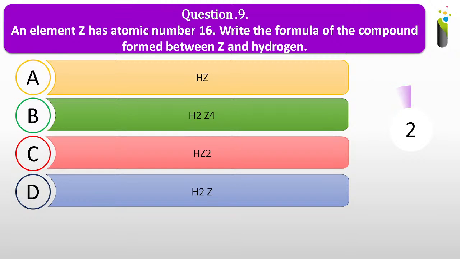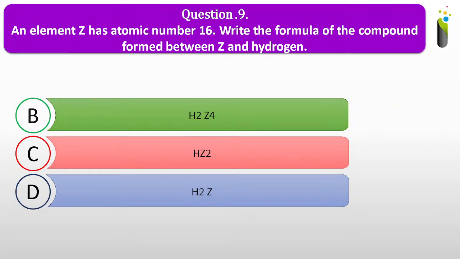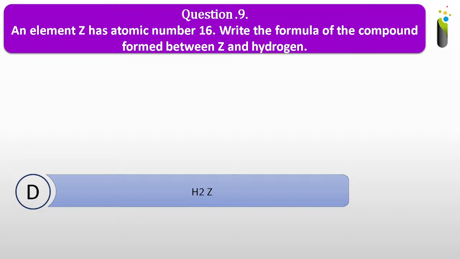The correct answer for this question is H2Z. So an element Z has atomic number 16. So the formula of the compound formed between Z and hydrogen will be H2Z. So ninth answer would be D.